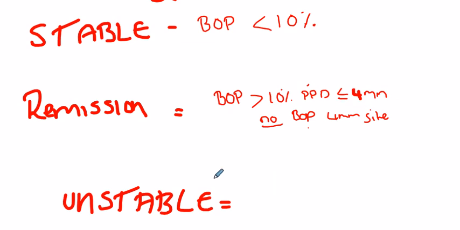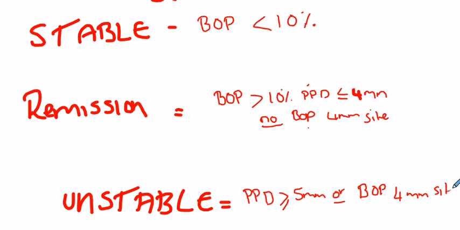If we have periodontal pocket depths of greater than or equal to 5 millimeters, or bleeding on probing at 4 millimeter sites, it is unstable.